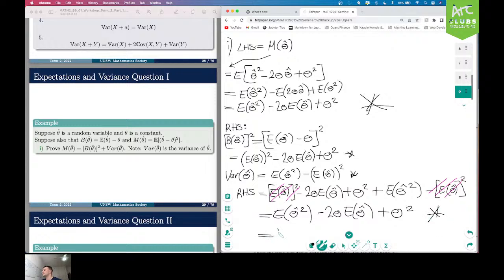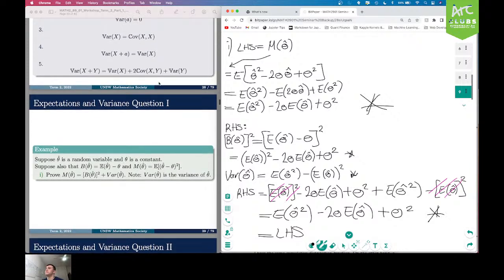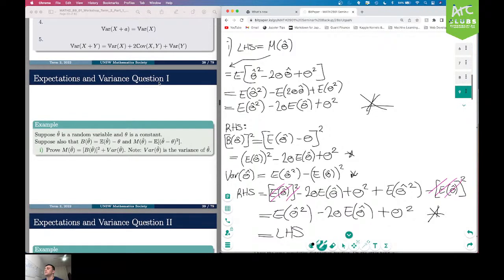So that's equal to the left-hand side. So basically all that we had to do there is note that you can take constants out of the expectation. Expectation's linear, and variance can be written as the mean of the square minus the square of the mean. Cool. Hopefully I haven't made any mistakes there.